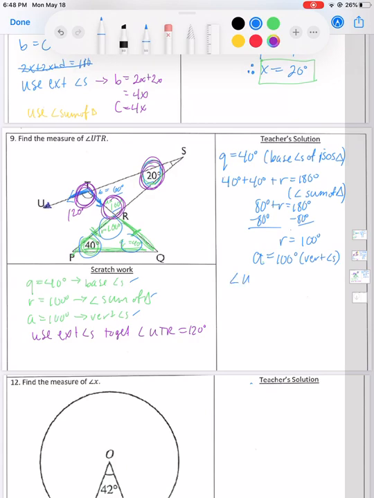So angle UTR is equal to 100 degrees plus 20 degrees. So that was these ones again right here. Equals that one. And so therefore, angle UTR is equal to 120 degrees. So it's all done there.